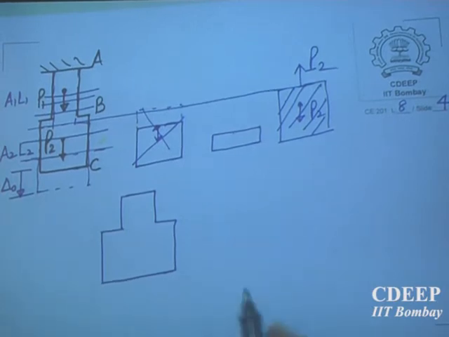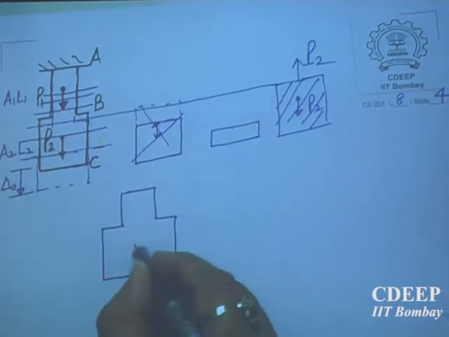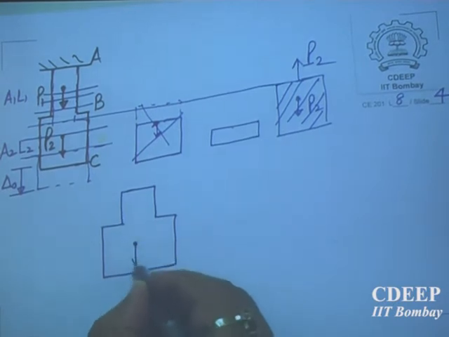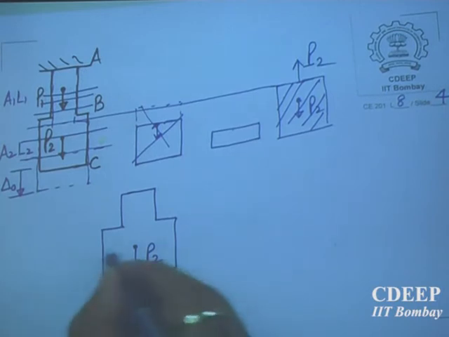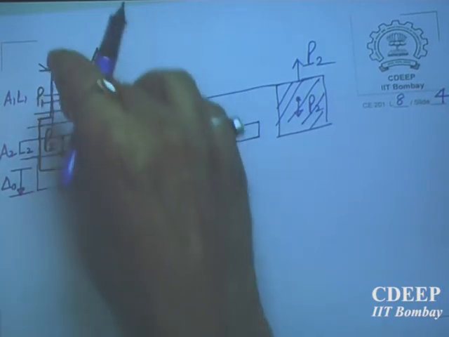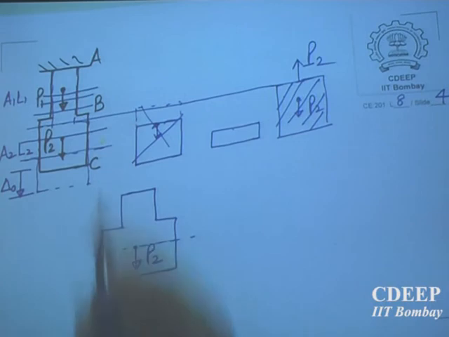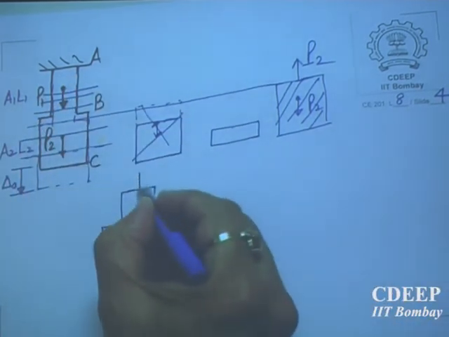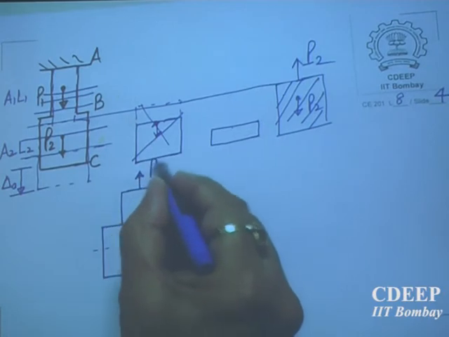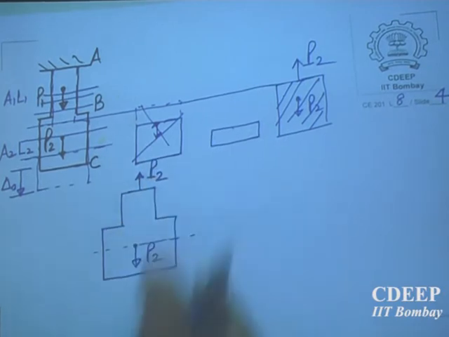So, okay. So this is P2. P2 is applied in the center of this bottom. Now I have taken a section up to here. So this cross section, if you draw this free body diagram, will be subjected to P2 on top.